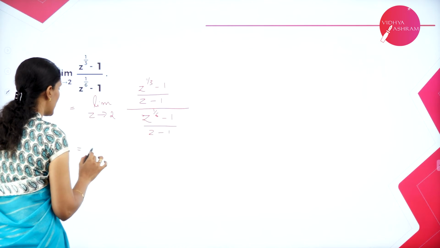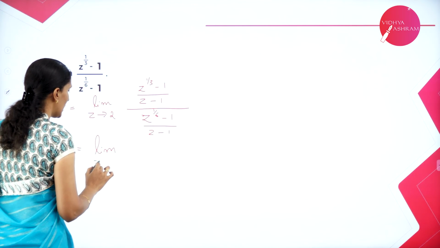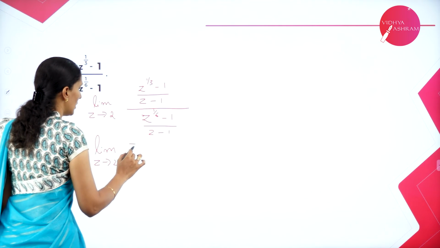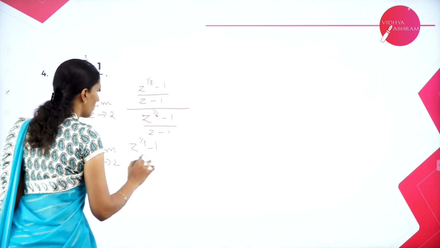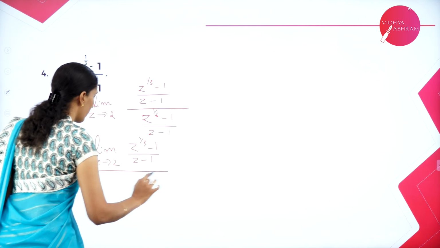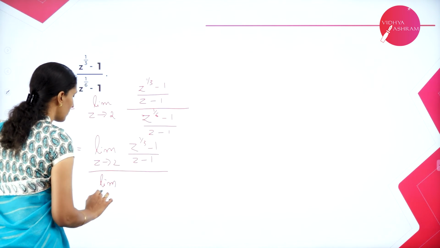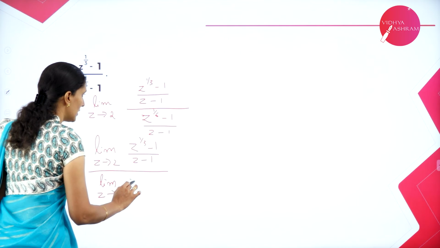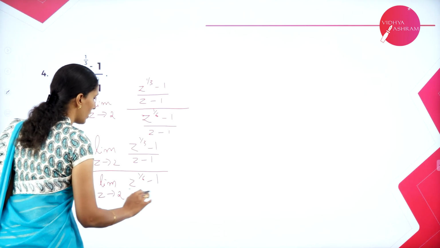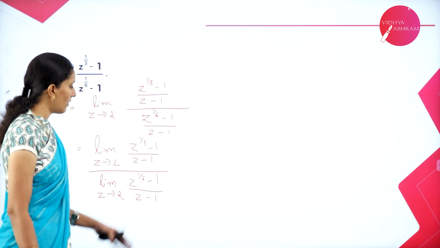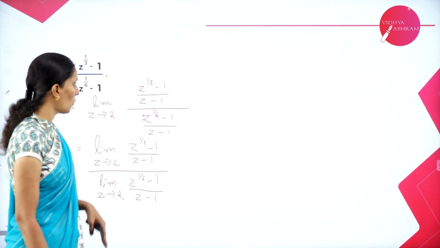Now apply the limit separately. Limit z tends to 1, z to the power 1 by 3 minus 1 by z minus 1 whole divided by limit z tends to 1, z to the power 1 by 6 minus 1 divided by z minus 1. The value of n is here 1 by 3.